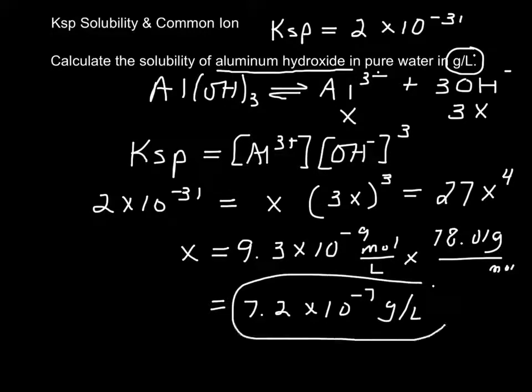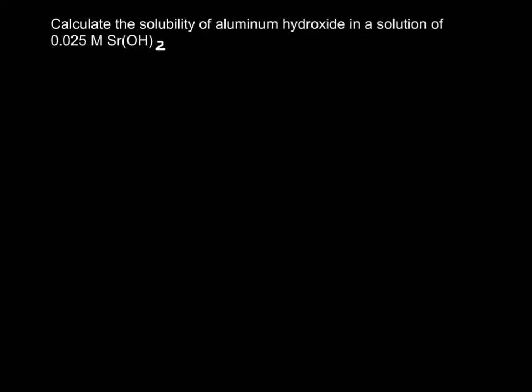So what that tells us is I can dissolve this teeny tiny bit, 7.2 times 10 to the minus 7 grams of aluminum hydroxide in an entire liter of water. So when we say aluminum hydroxide is insoluble, we're saying it's slightly soluble, but really just very slightly soluble.